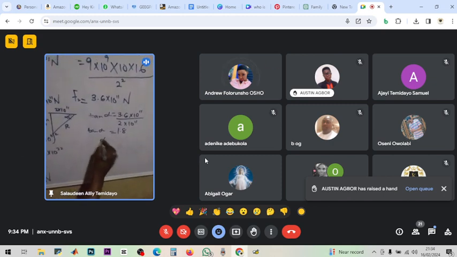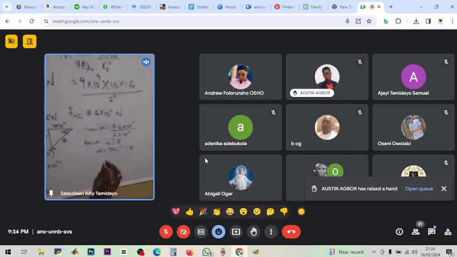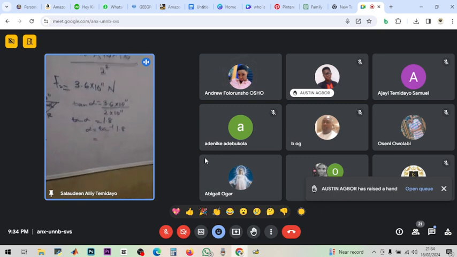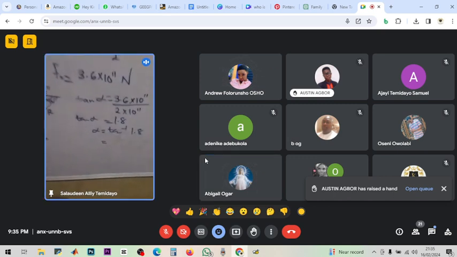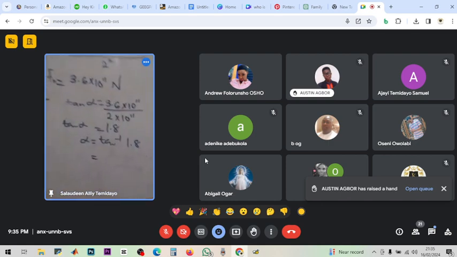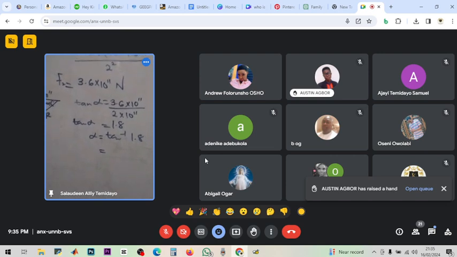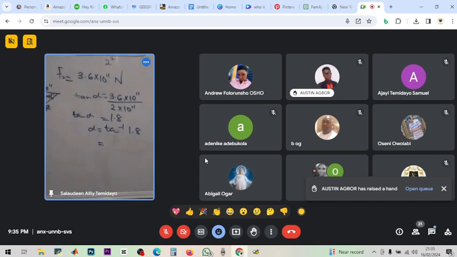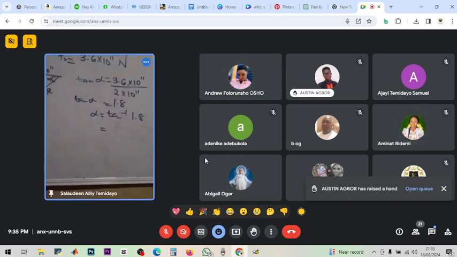So alpha equals arc tan 1.8. Anyone, arc tan 1.8? Maybe 70 something. Calculator, it's in your phone now.